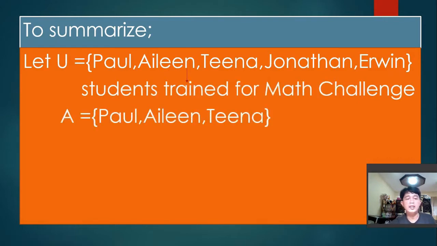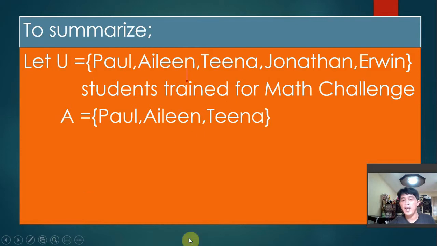And our set A consists of the students who were selected as final participants for the math challenge. They are Paul, Eileen, and Tina. Now, my question is, who among the names here was not found in A? We have Paul, Eileen, Tina.